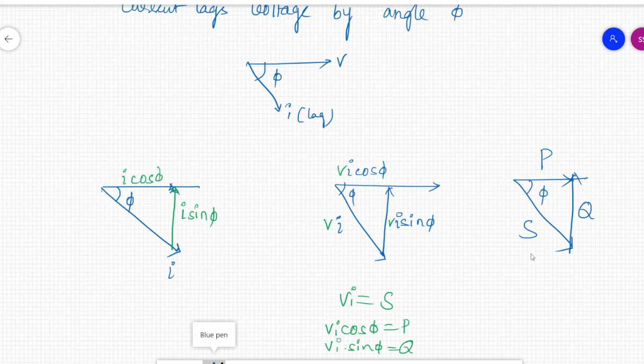So I can write it like this. What is cos phi here? That is the power factor, right? Power factor cos phi equals adjacent side, that is P, by hypotenuse, that is S. So cos phi, the power factor, can also be calculated using P by S, that is real power by apparent power.